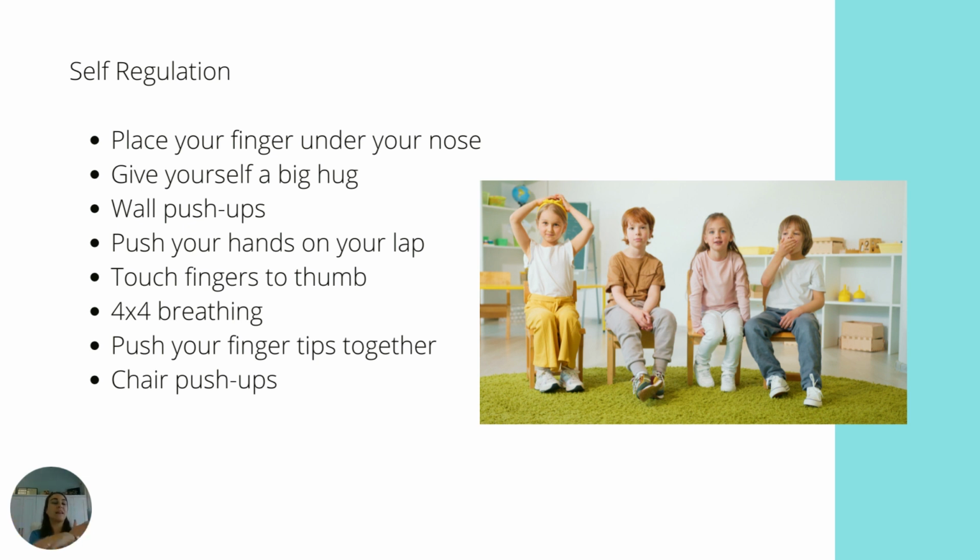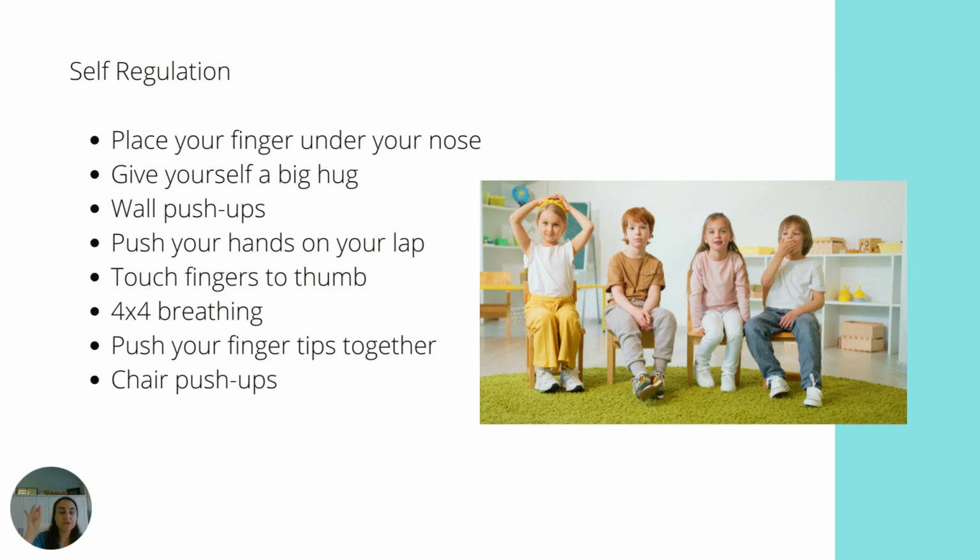So the next one, like I said, giving ourselves a tight hug. Wall push-ups. When we do wall push-ups, immediately our head moves, so our vestibular system is activated, and we do heavy work. We use our muscles, so our proprioceptive system is also activated. Then push-ups: push your hands on your lap and press down.